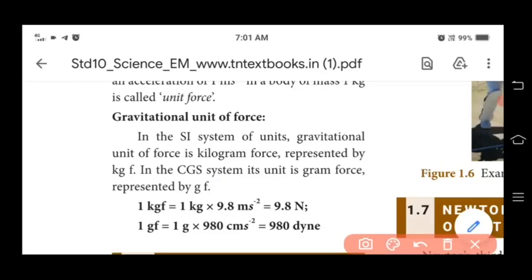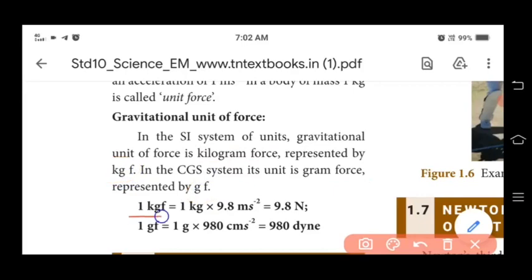In the CGS system, its unit is gram force, represented by gf. So once again, let me recall: in the SI system, the gravitational unit of force is kilogram force. In the CGS system, the unit is gram force. So you have to mention kgf, and for CGS you have to mention gf.